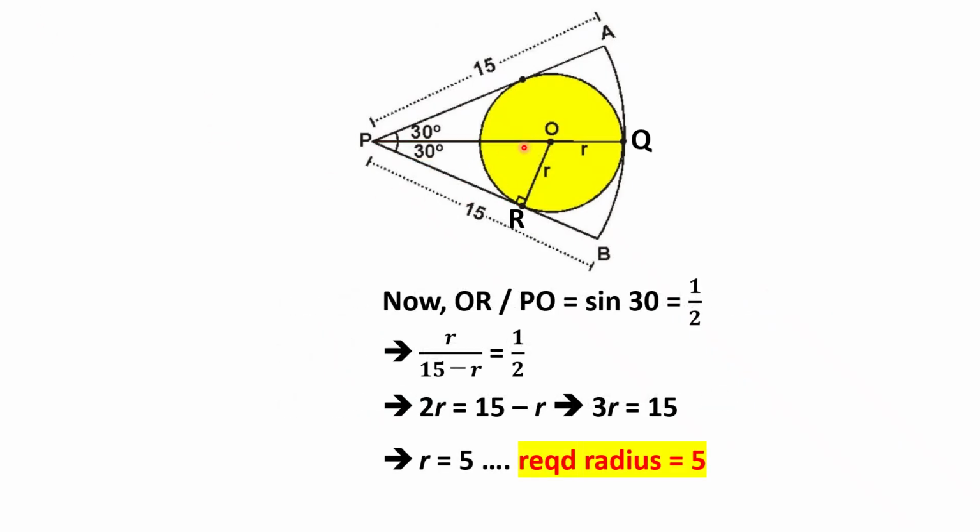So in the blinking right angle triangle, altitude by hypotenuse will be sine of 30 degrees.